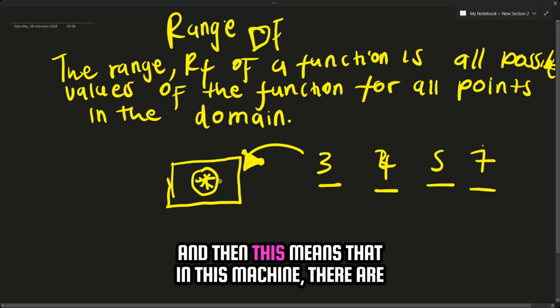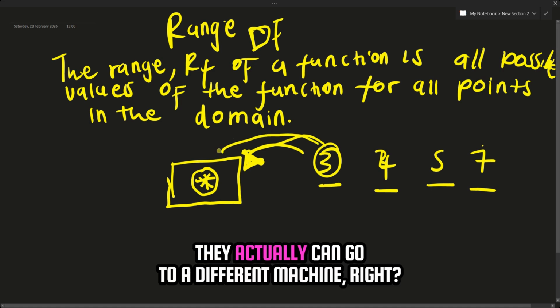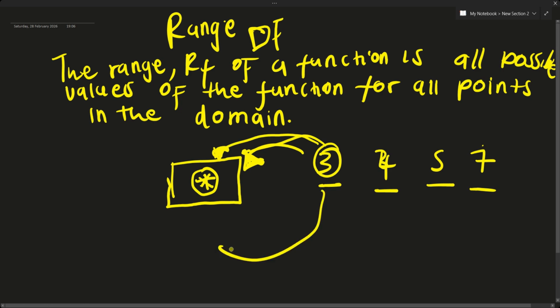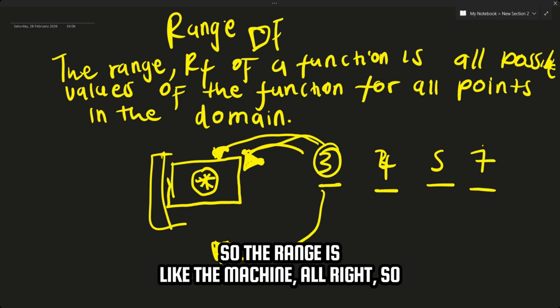And then that means that in this machine there are some numbers that can't actually go in there, right? They actually can go to a different machine, right? So the range is like the machine.